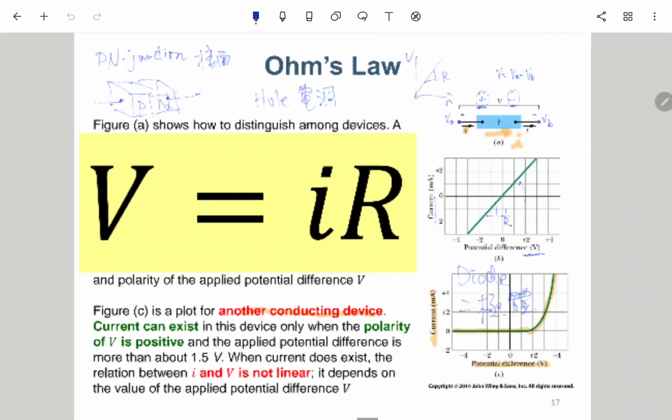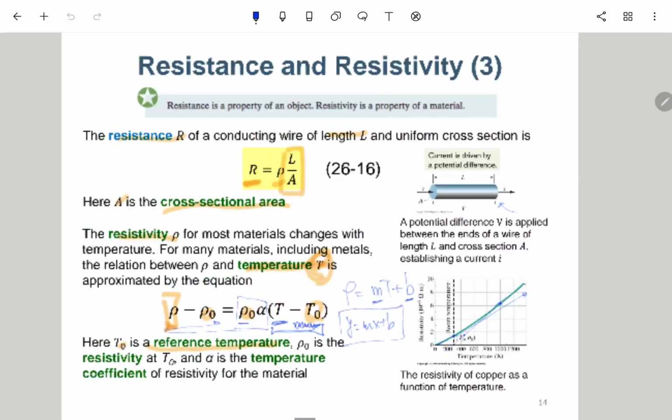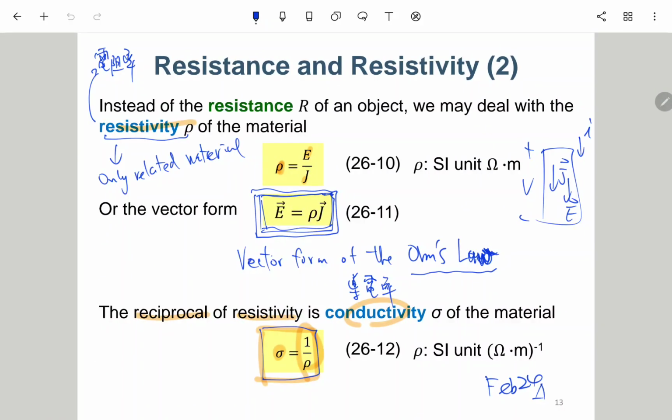Maybe I can also verify that this is actually the vector form of Ohm's law, so this one and V equals IR are compatible. We assume the E field is constant, so we have E equals V over L. The potential difference is V over the distance.